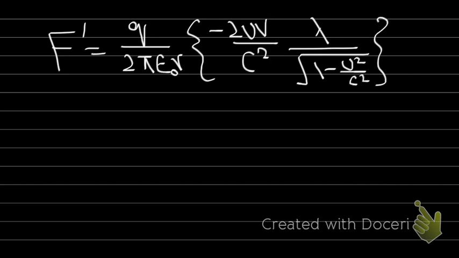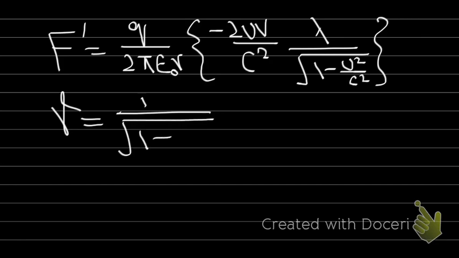And now let's close these brackets. Gamma over here is now 1 over under the root 1 minus u squared over c squared.